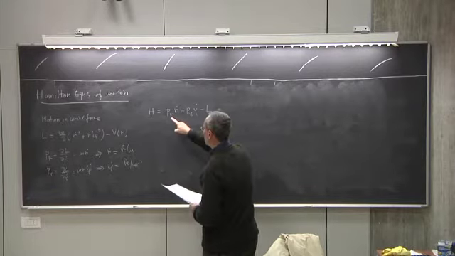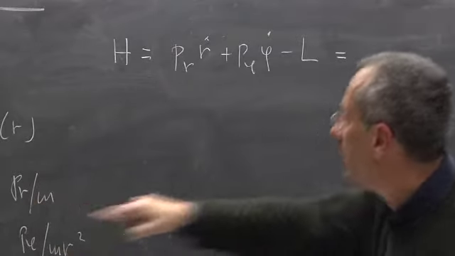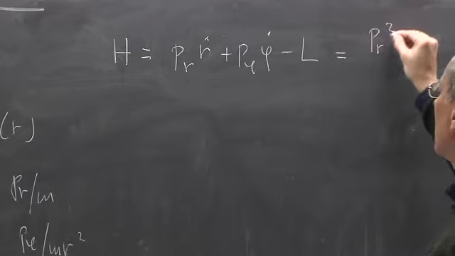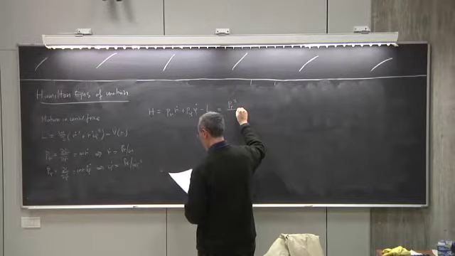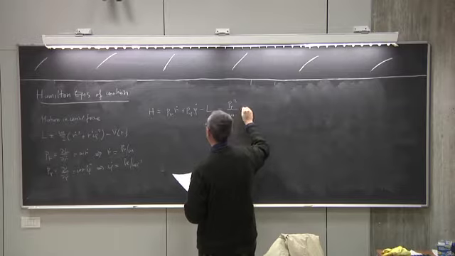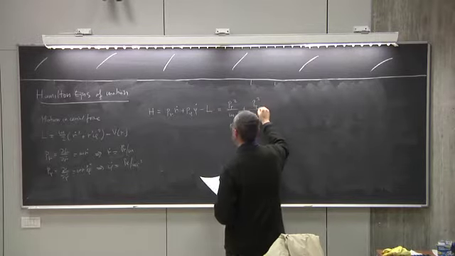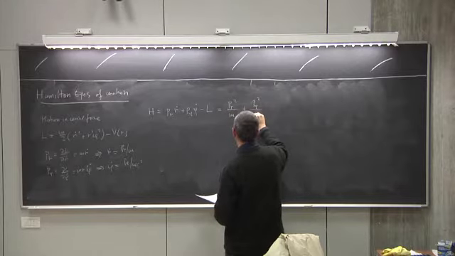If I do this, you see I have everything in here, right? You replace r dot with this, you get p_r squared divided by m plus p_phi squared divided by m r squared.